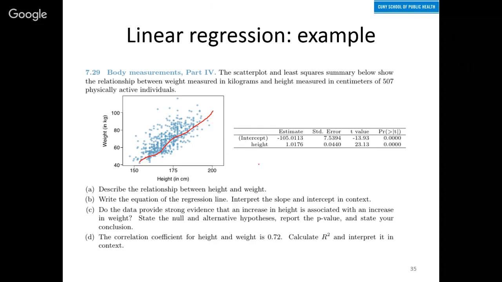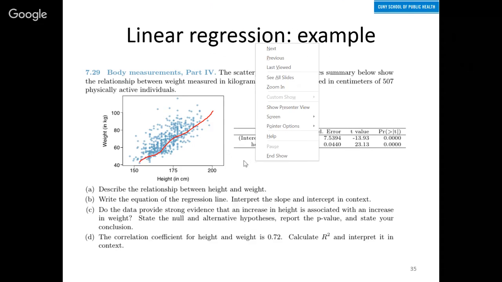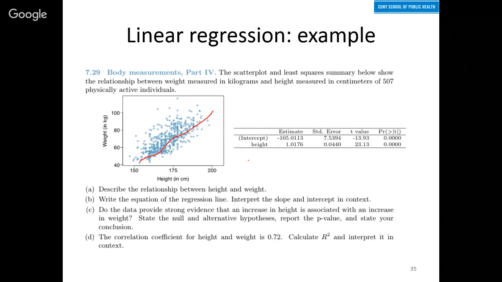So, this is a little hard for me to write here, but let's put weight equals minus 105, and this is kilograms, plus one.